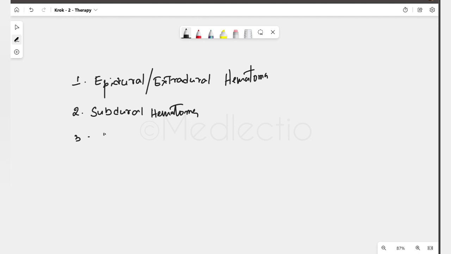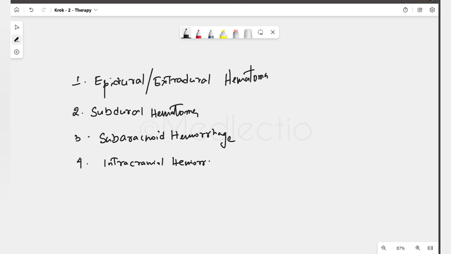Third one is subarachnoid hemorrhage, and the fourth one is intracranial hemorrhage.